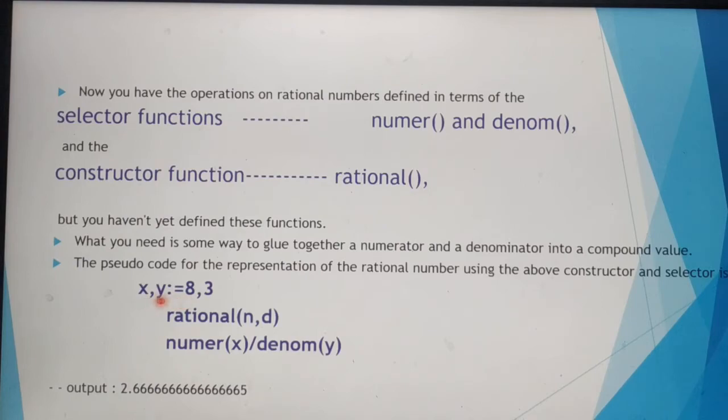These two values are passed to rational of n comma d, so x is assigned to n, which is 8, and y is assigned to d, which is 3. Then finally numer of x by denom of y returns our solution. Here our final output is 2.66.